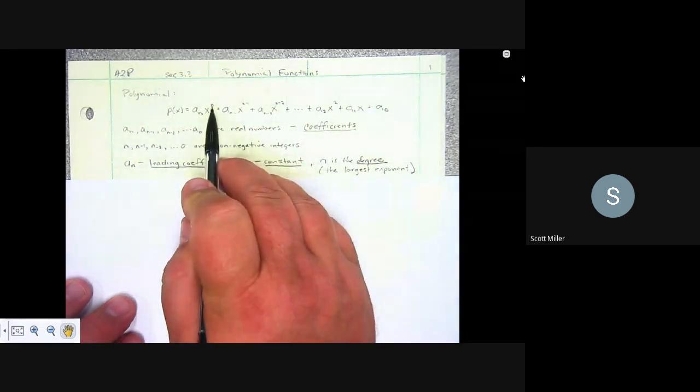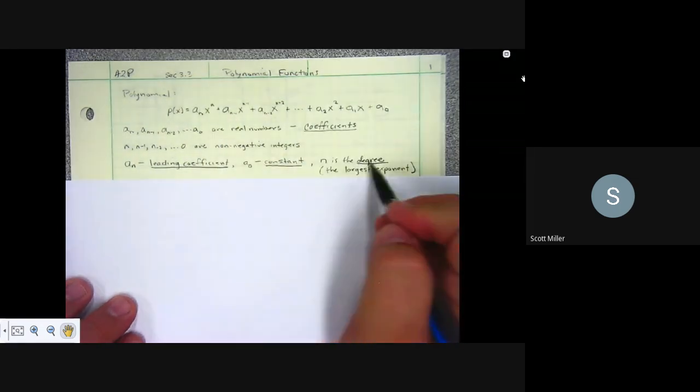And then the number n, which represents the largest exponent, is called the degree. So they classify polynomials by degree. In Algebra 1, you had linear functions where the exponent on the x was 1. You had quadratics where the highest exponent is a 2.